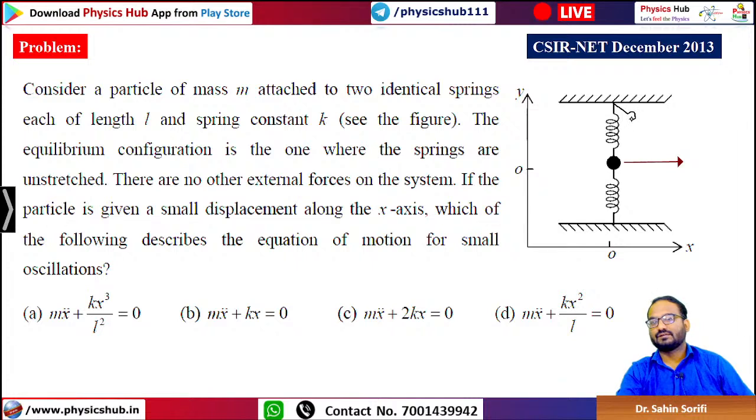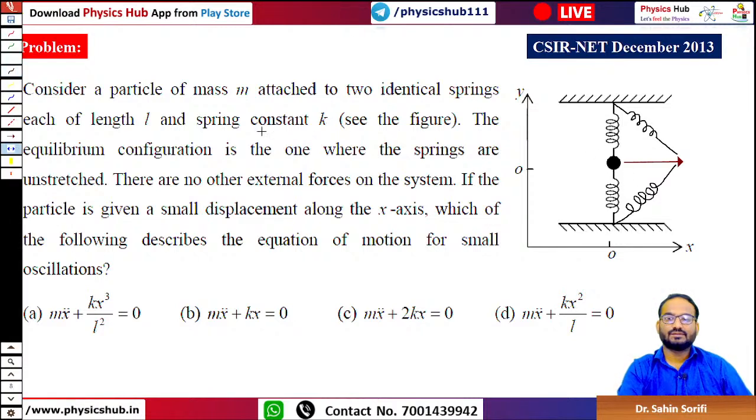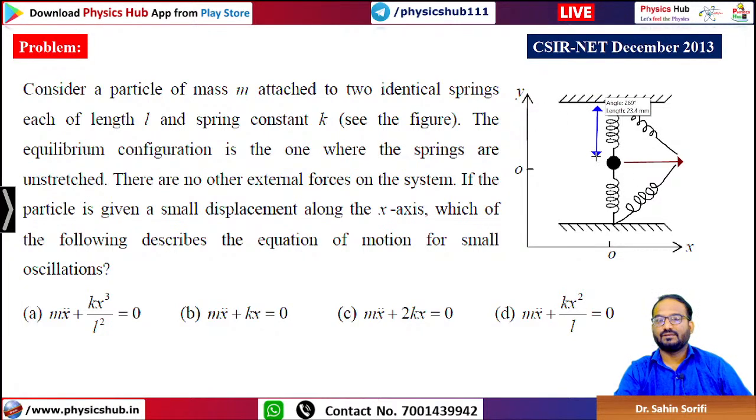This will become like this. The spring will be elongated. This will also get elongated. So obviously if this length is L, the length of the spring is L, here the length of the spring is L, this length will be more than L, right?